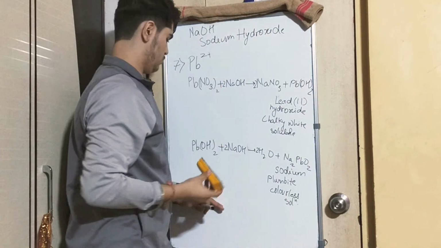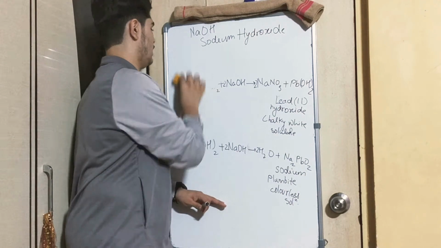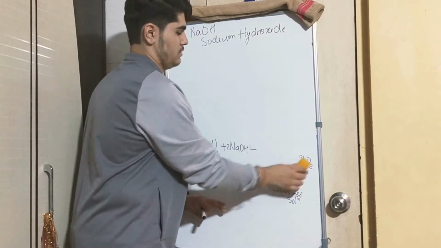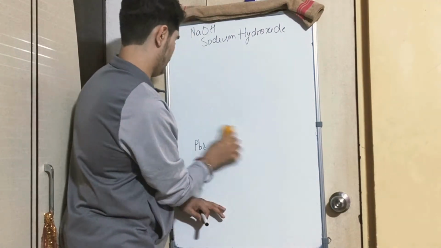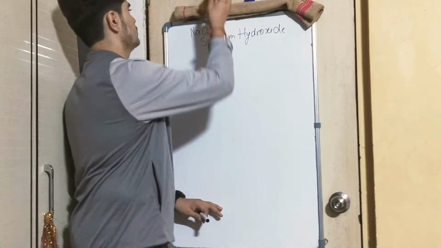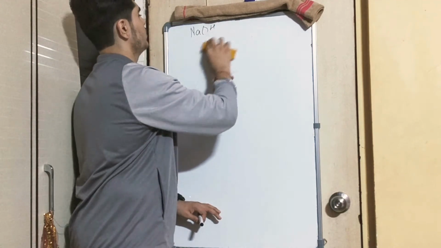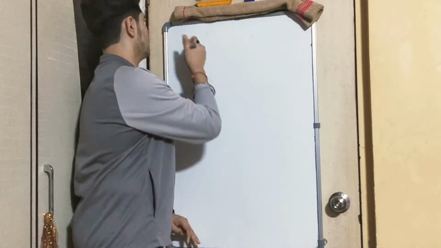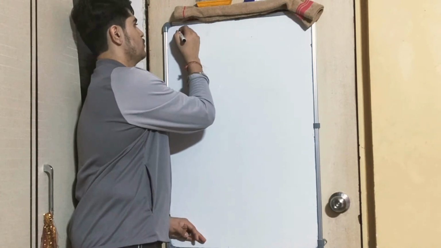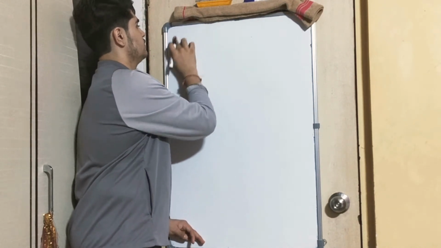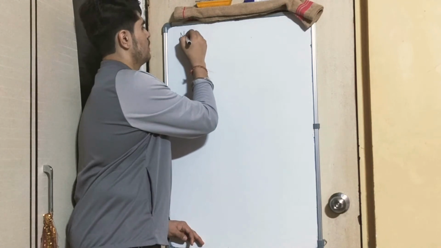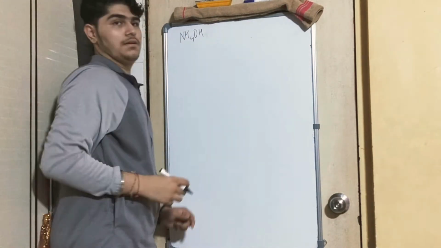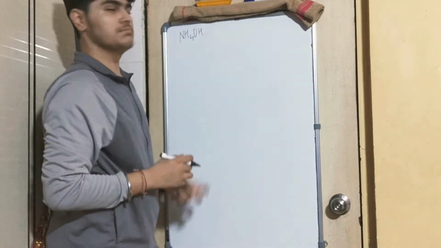Now the things are getting much easier because you have to just react with NaOH. But now we have to react all these salts with a typical type of solution which we call NH4OH. Do you know the name of this?